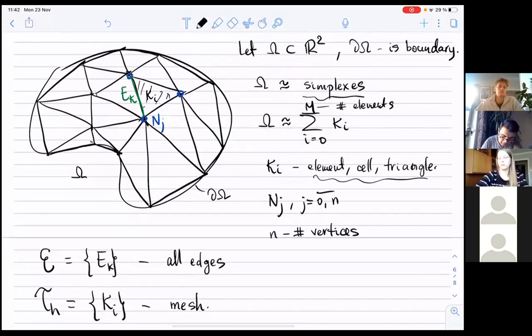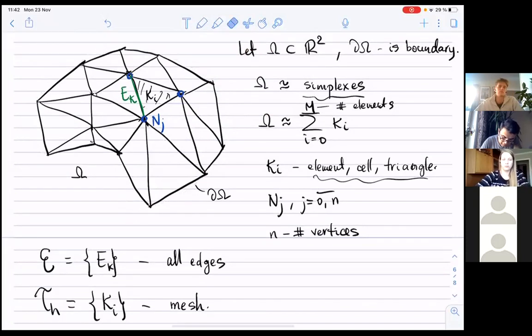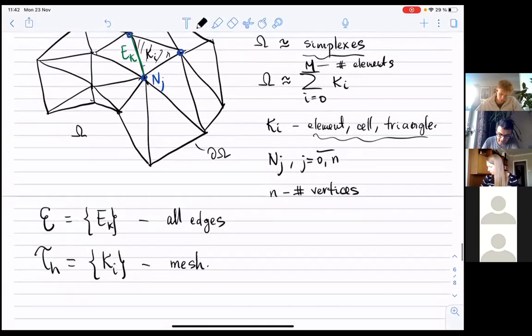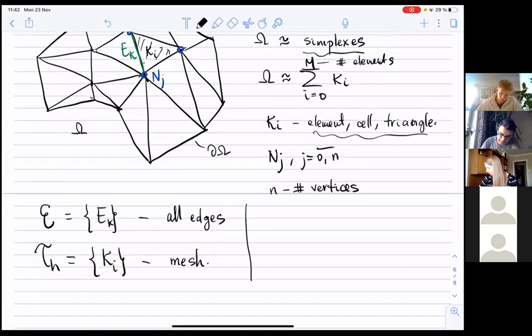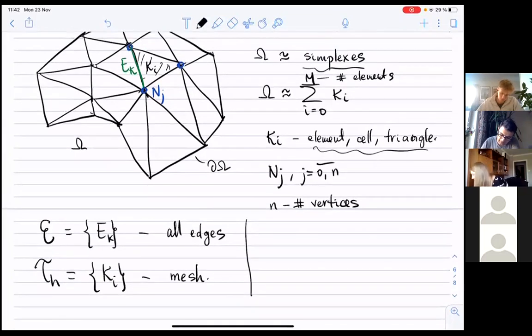If you take more triangles, you approximate it closer and closer. Curved boundaries are also defined, and you have to take care of them in a separate way. Usually we say that for every element K we define a mesh size h_i. So mesh size.